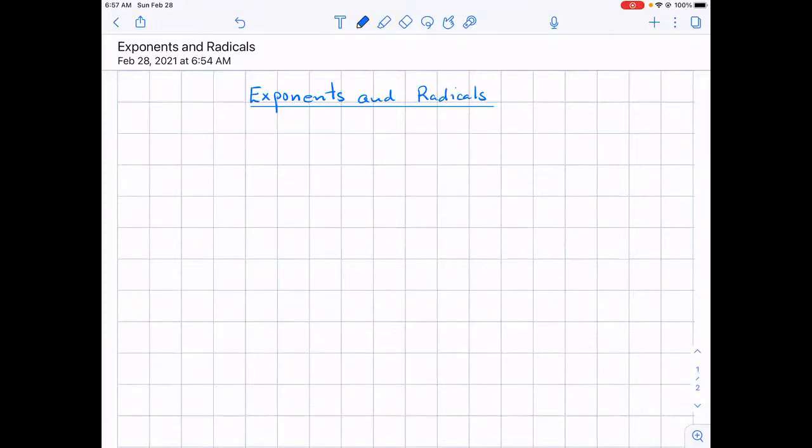Now, we know that an exponent is really a repeated multiplication. Okay, so when we speak of exponents, we can think of this as a form of repeated multiplication.